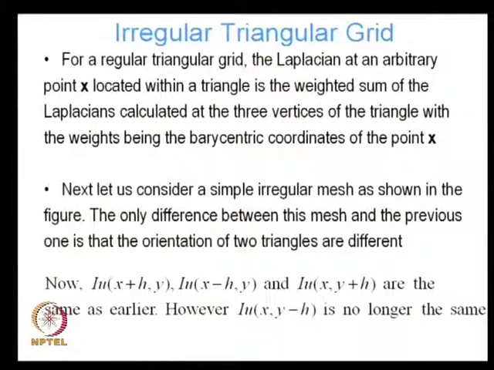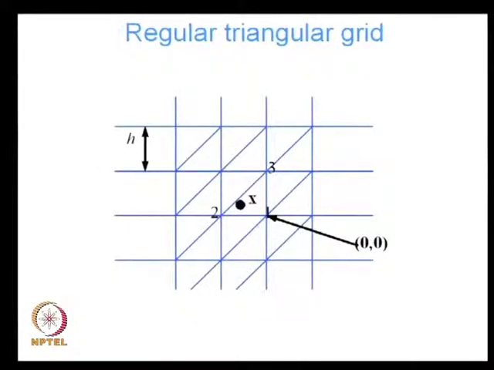So, in order to find the Laplacian at this point, we formed the Laplacian here, here, and here, and then we used the barycentric coordinate of this point, the triangular coordinate of this point, to weigh the Laplacians evaluated at each of those points to find out the value of the Laplacian at this point.